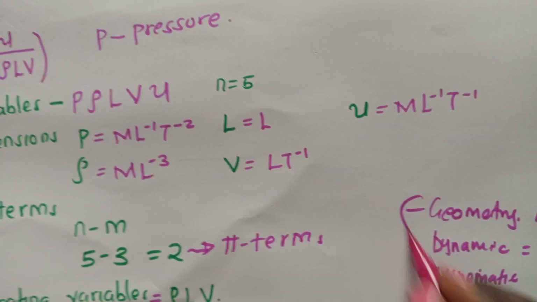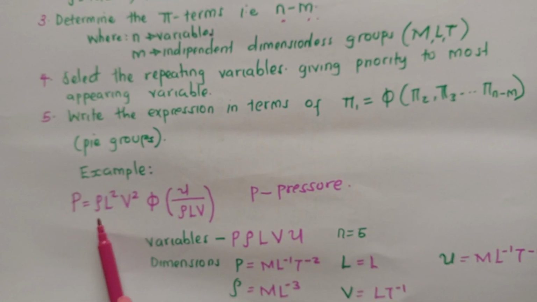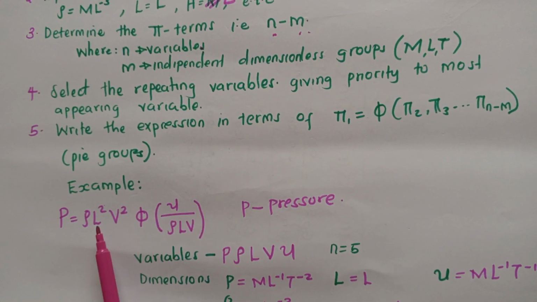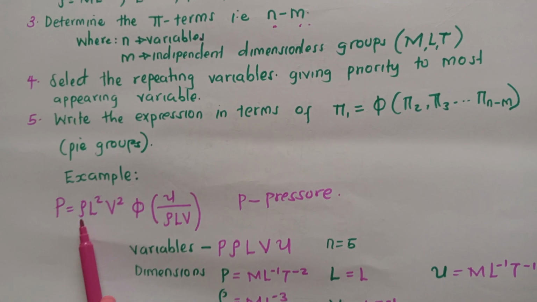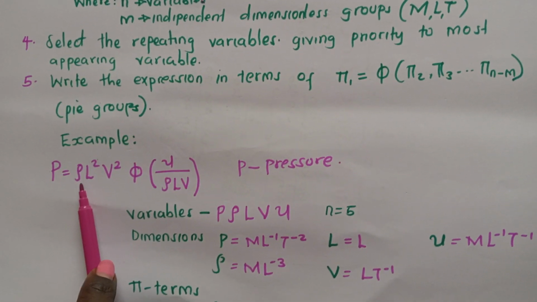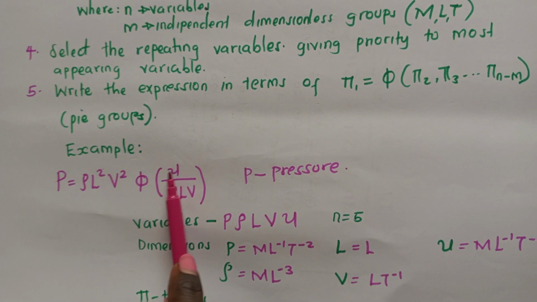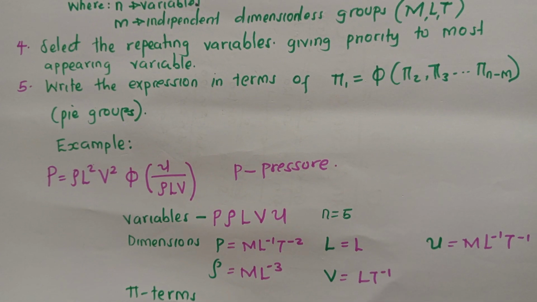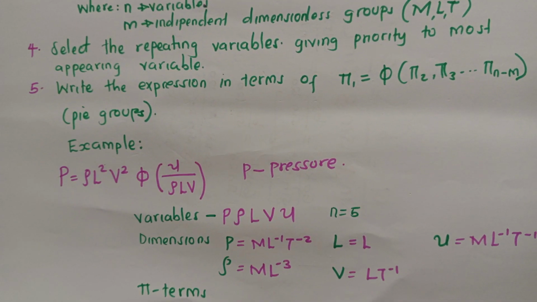So identify the 3 from your problem. In my case, I'm picking rho, L, and mu. L for the length, density with mass M and L, and mu containing M, L, and T, all of them. So that is your procedure number 4.